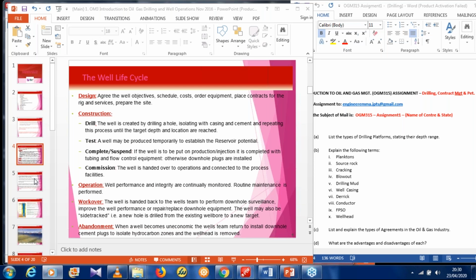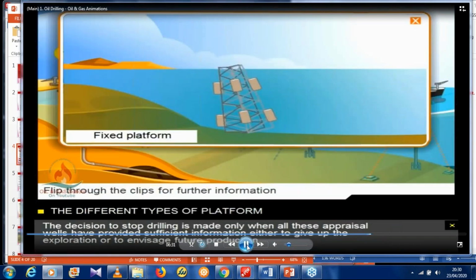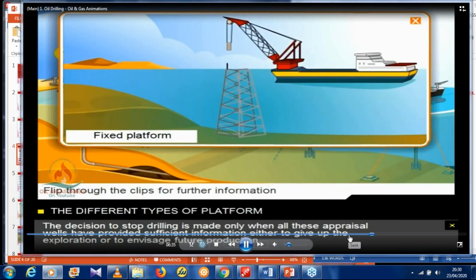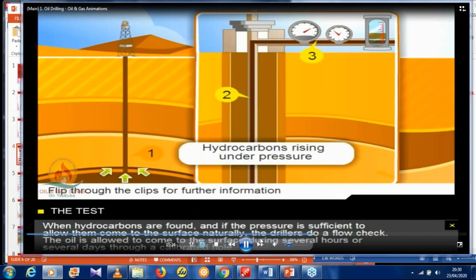Even before talking about performance, we also need to first have estimated or prospected the lifespan of this well. In the video I was playing earlier, there's a point where we talked about continuous monitoring that is done to get the readings by the time the hydrocarbon is rising to the surface.